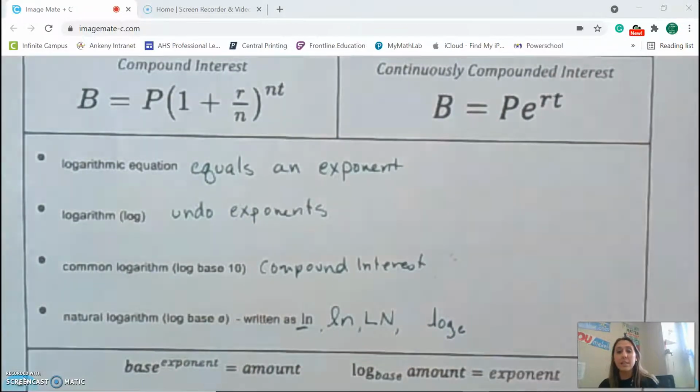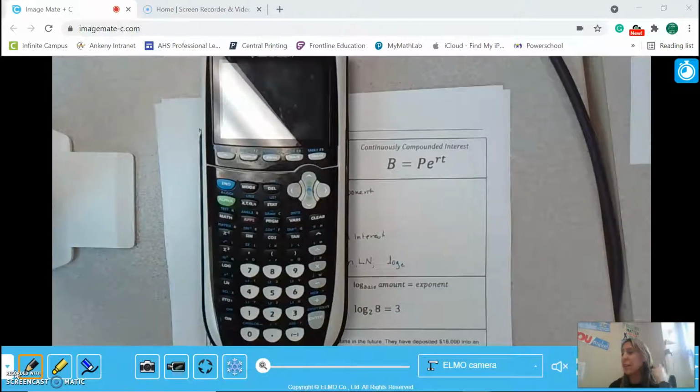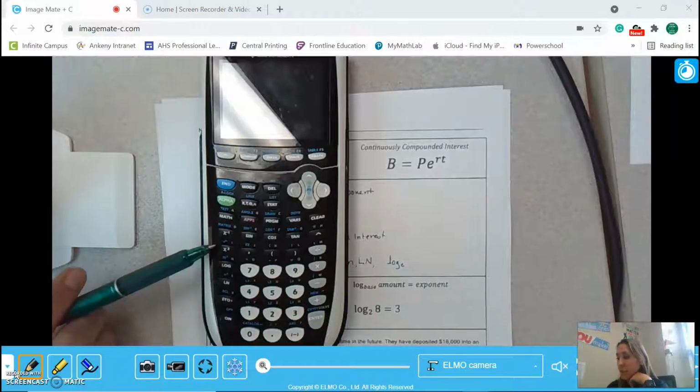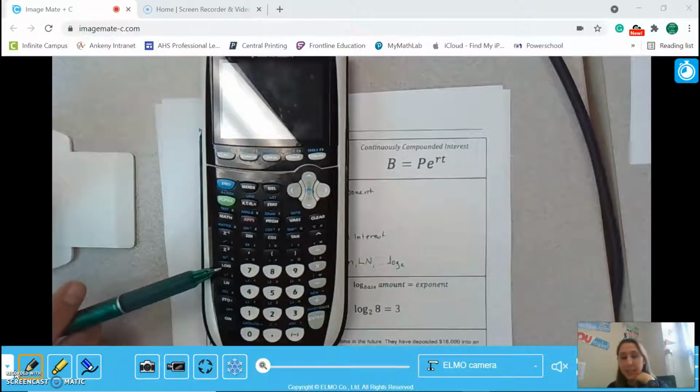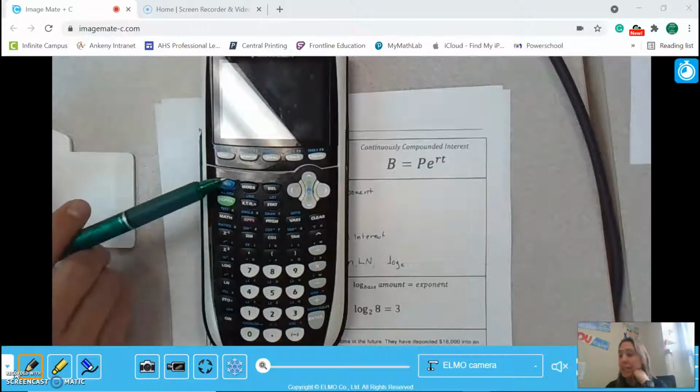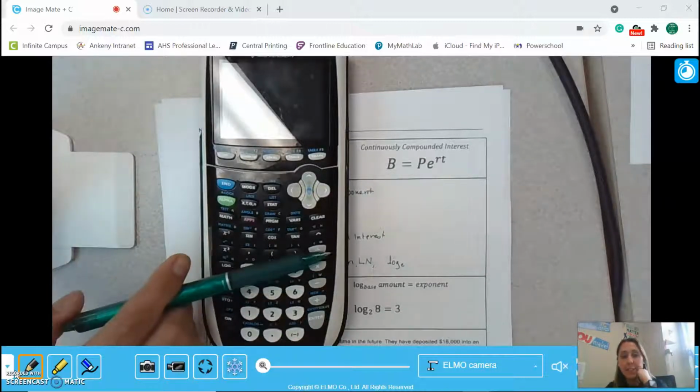Now, these things are on our calculators. If we're using our TI-83, the log button is right by the 7, or right below the x squared next to the 7, and the natural log is right below it. So we've got log, natural log. Remember our e is going to be second in the division sign.